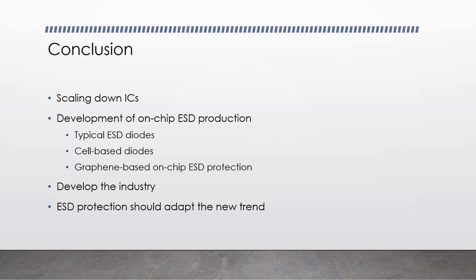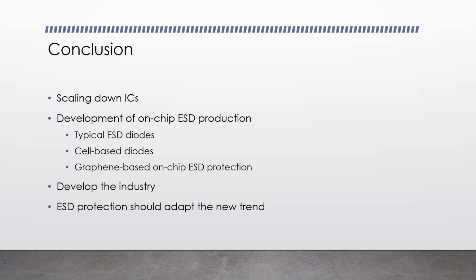The trend of designing and manufacturing ICs is scaling down. As an important part of the industry, ESD protection should be developed to follow the trend. The typical method of ESD protection is using ESD diodes to shunt the ESD current if necessary to protect the inner circuit, but this method needs a large area of diodes to increase the level of ESD protection, which is not suitable for today.